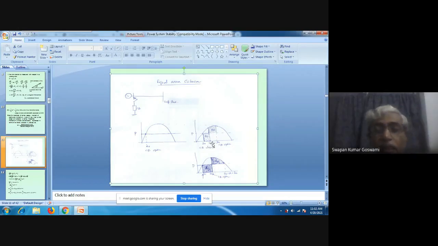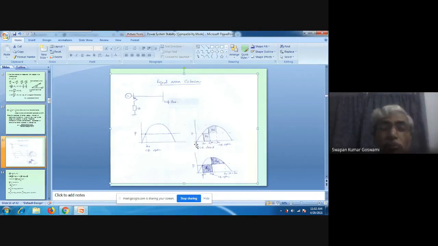Obviously the power is in megawatt and the difference in angle is in radian, so it is megawatt radian, it should have been megawatt second. So from delta 0 to delta 1, some time elapsed. This movement requires some time, so this power multiplied by that time is the energy.